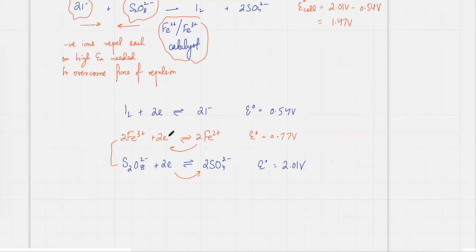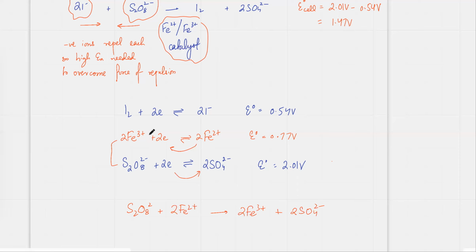When it does, the reactants are S2O8 2 minus and the other reactant is Fe2 plus. And the products are 2 Fe3 plus and 2SO4 2 minus. So you have this reaction happening. Let's call that reaction number 1.